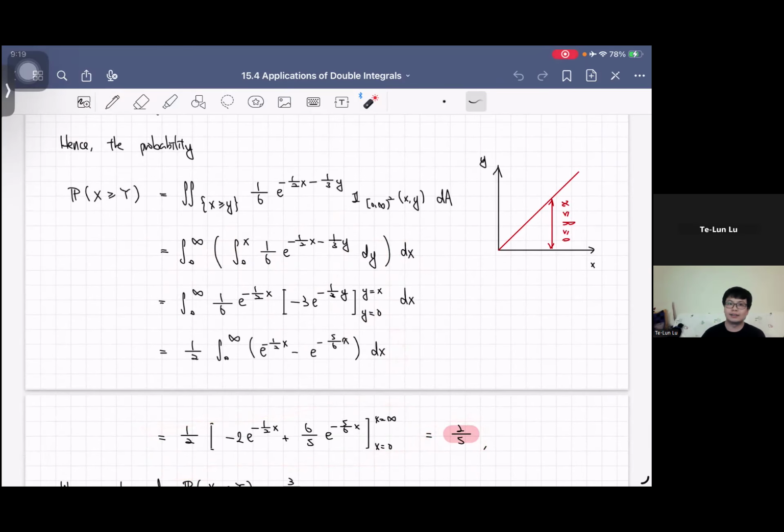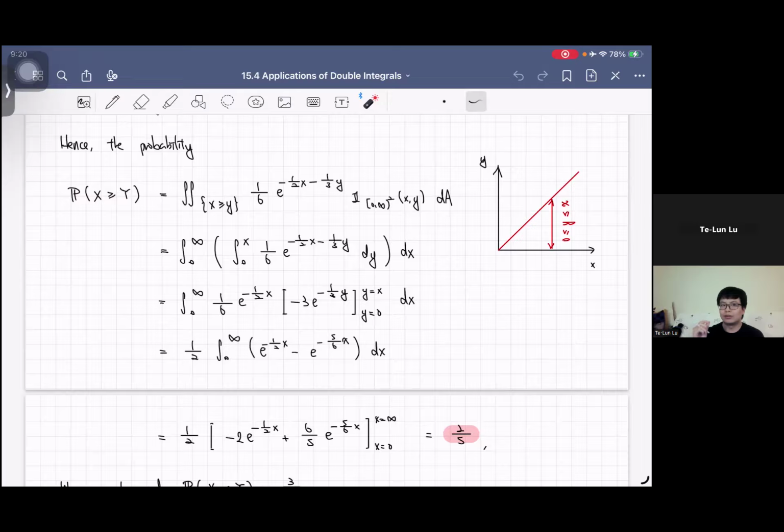And again, this is kind of intuitive, right? Because this is less than half, meaning that it is not really possible for the register X to have a longer waiting time than Y, because X has a smaller mean waiting time.